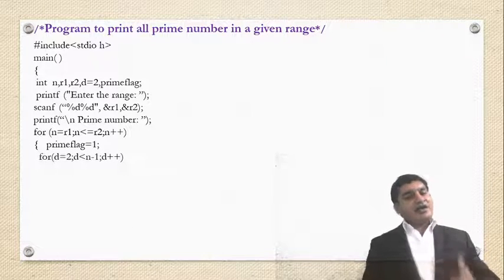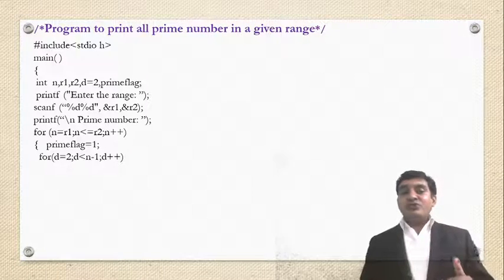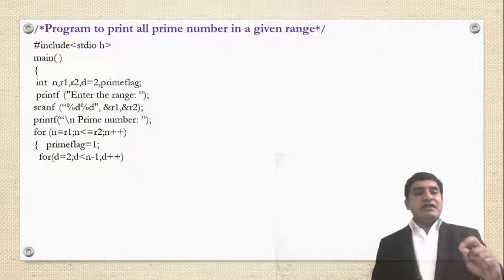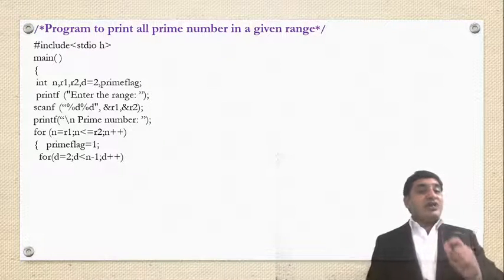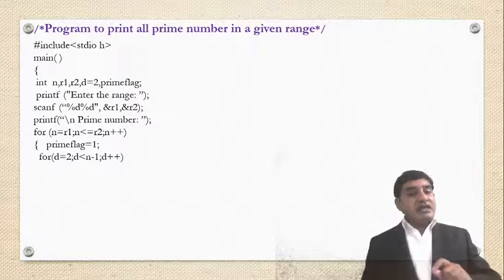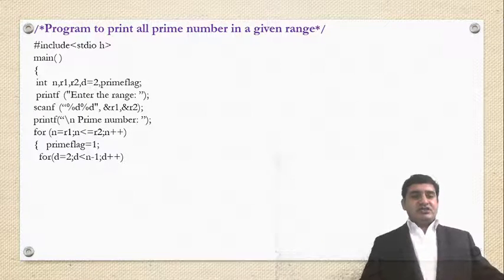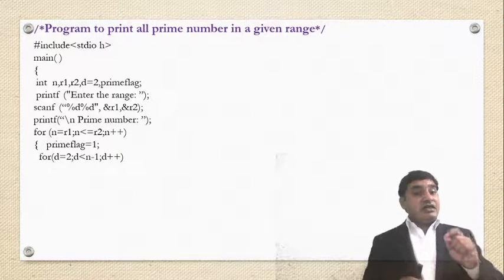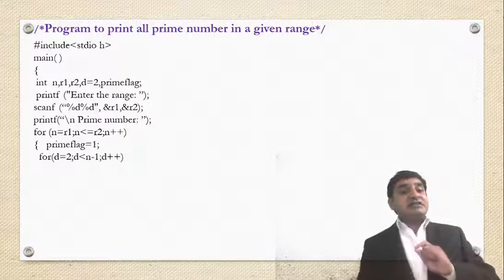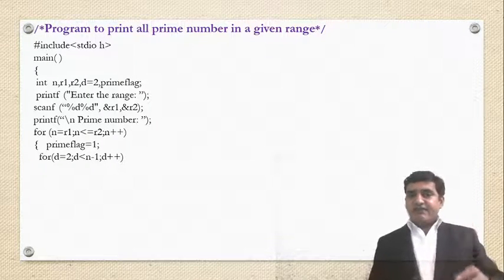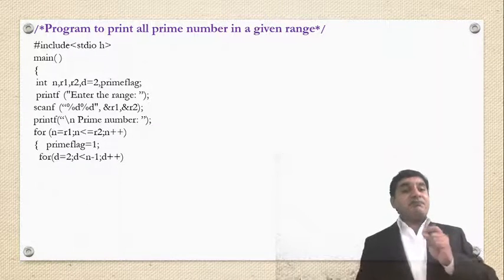Now again one for loop is used because we have to divide n by d. Okay, we have to divide n by d, and we have to check the condition, if it is divisible by itself or by 1, then that number is a prime number.